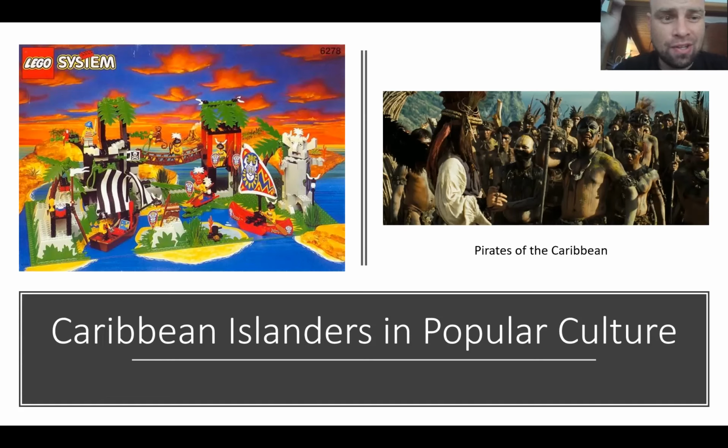Personally, from my own childhood, this is earlier than a lot of your time, another sort of weird source of Caribbean imagery. They're Legos. I think there are later Pirates of the Caribbean Legos too, so that might be more from your time. But there was a whole series of Lego sets that were islanders, and they kind of combined the Caribbean with the Pacific.